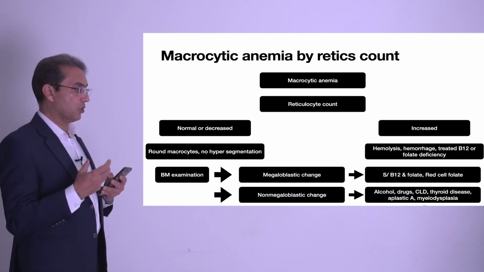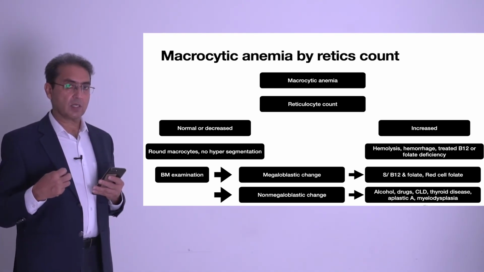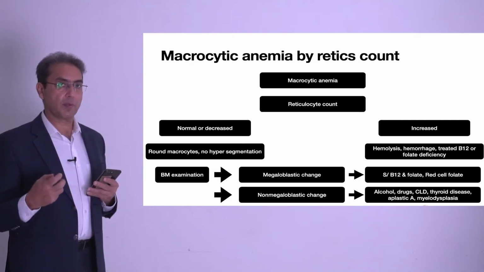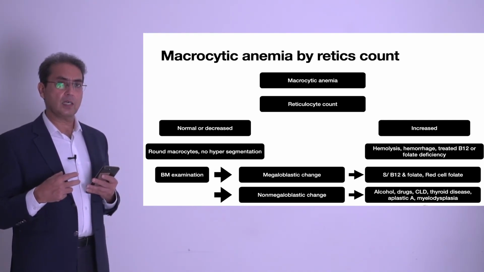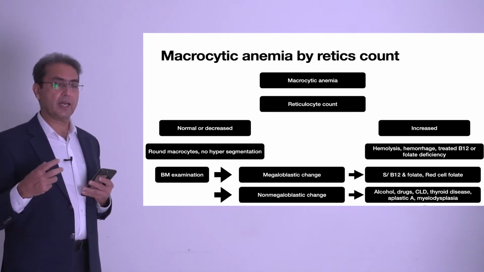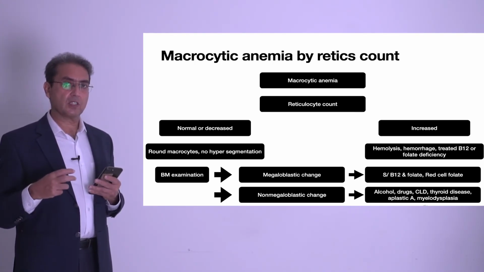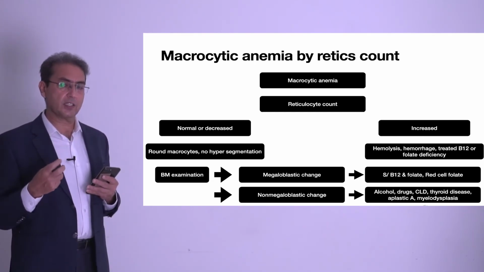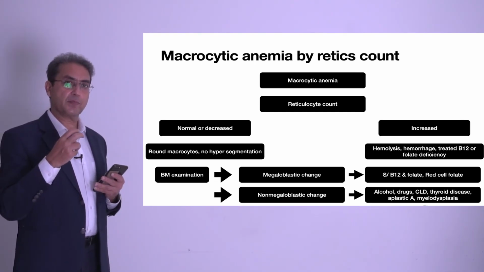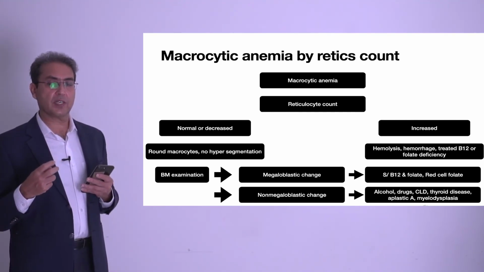If the patient has macrocytes, reticulocyte counts are low, and the bone marrow shows non-megaloblastic change. So this is how we can see a patient who comes with anemia and classify in different systems based on reticulocytes, the cell size and red cell distribution width, or the patient's peripheral film and the red cell distribution width.